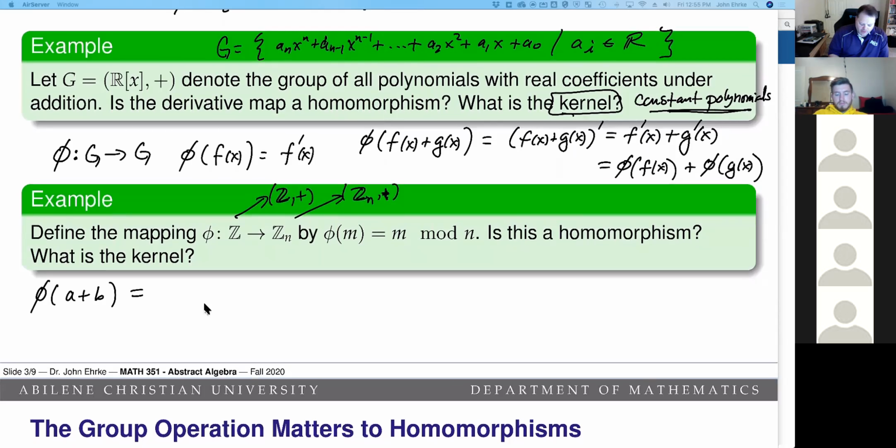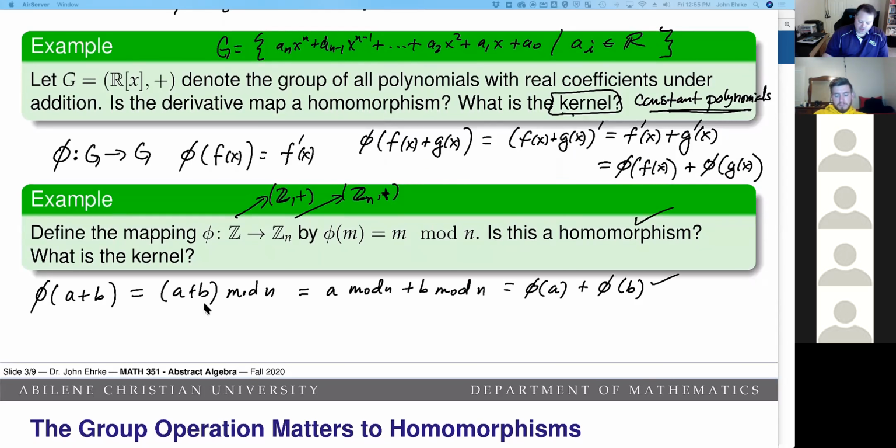So phi of a plus b would be a plus b mod n, which we know from experience is a mod n plus b mod n, which we know would be phi of a plus phi of b. So it is a homomorphism. It preserves the operation.